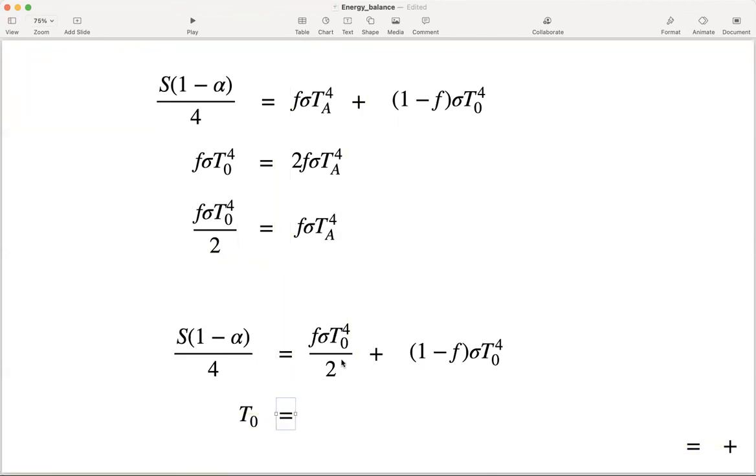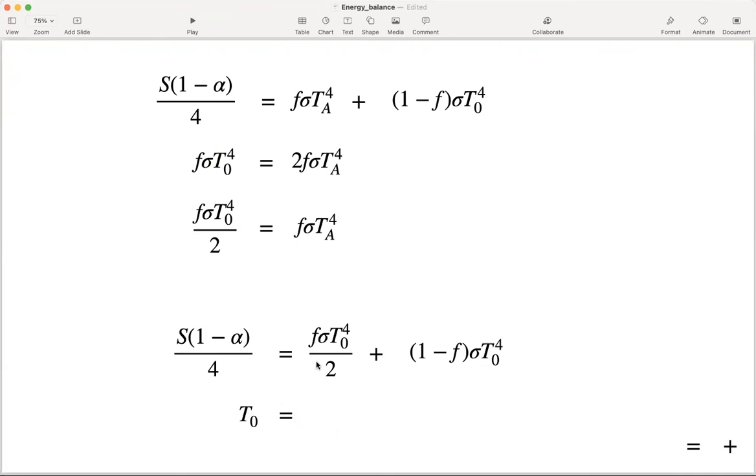And then on the other side, you're going to have whatever this ends up being when you isolate this term, right? So you're going to have to move everything over to this side through multiplication and division, and then eventually take the fourth root. So you're going to have T naught equals some function of F, right?